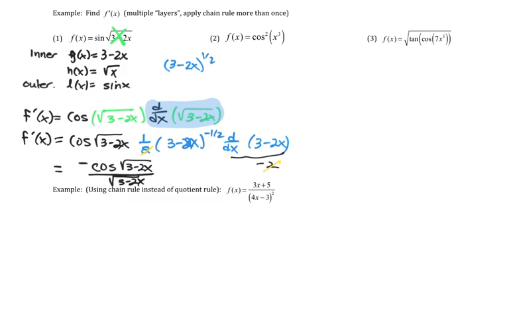So when you have 3 functions, what did I do here? To go from here to here, I needed the chain rule. But then when I got to this point here, to differentiate that, I needed the chain rule again.